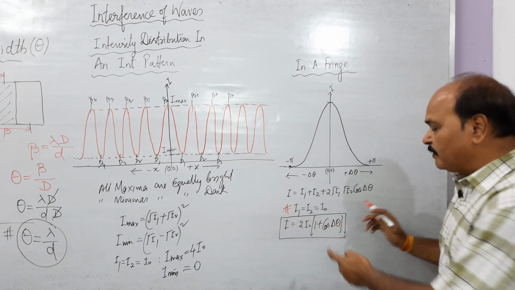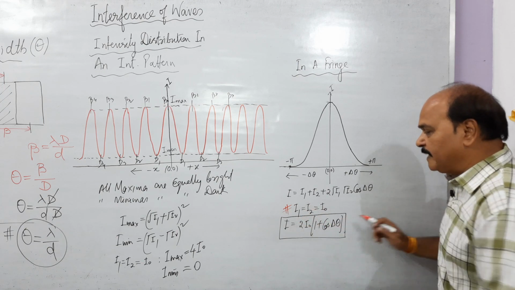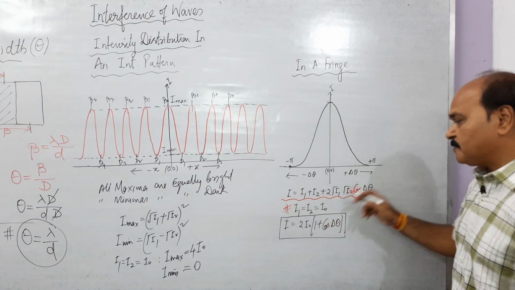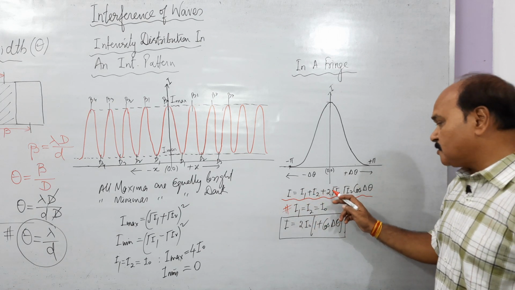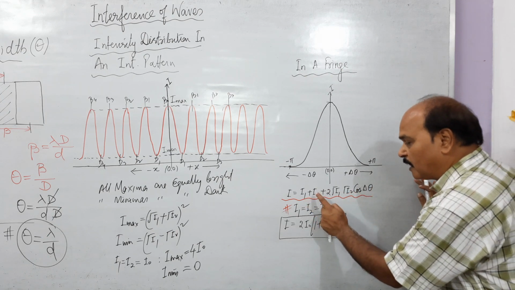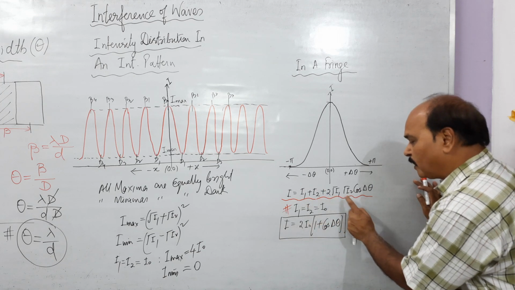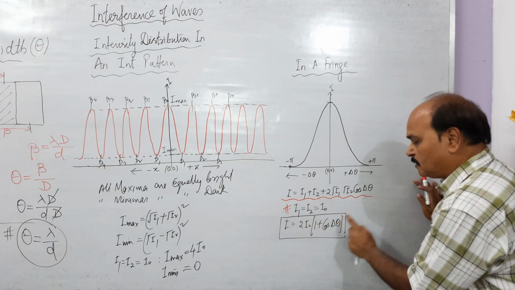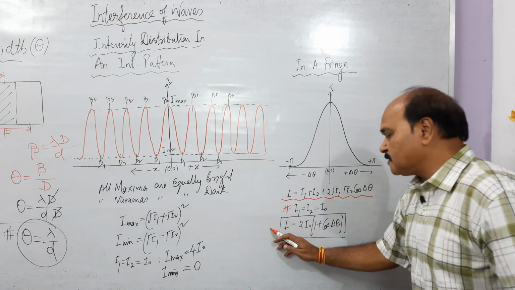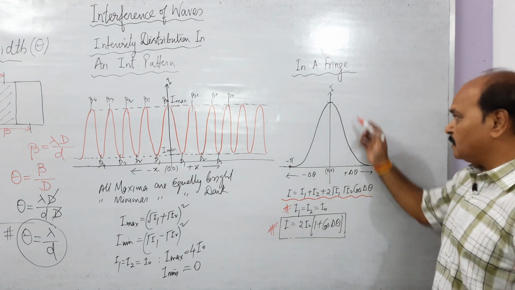If the intensity of each wave is the same, I1 is equal to I2 is equal to I0, then what is intensity? The general expression of intensity in an interference pattern is I1 plus I2 plus 2 root I1 root I2 cos delta theta. If we write I0 for I1 and I2, then we get 2 I0 plus 2 I0 cos delta theta. That is, I is equal to 2 I0 (1 plus cos delta theta). This is the expression of intensity with theta, and that is what is plotted here.